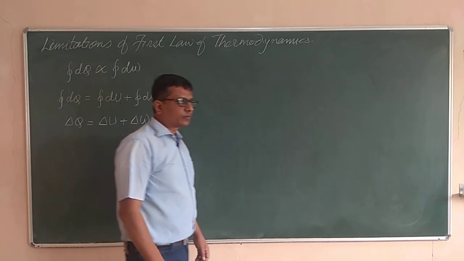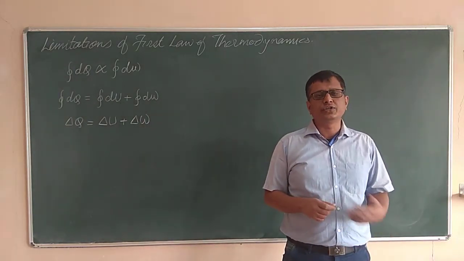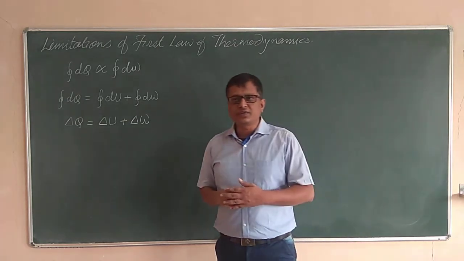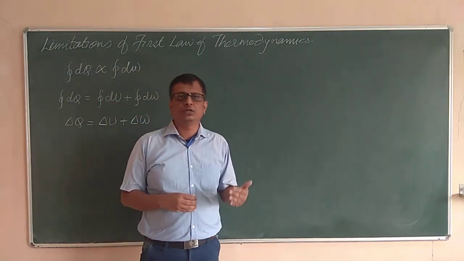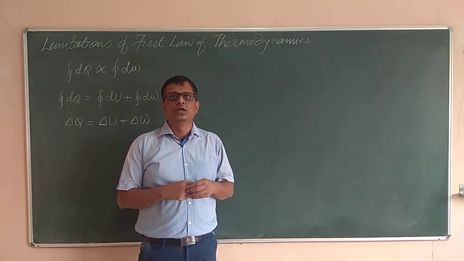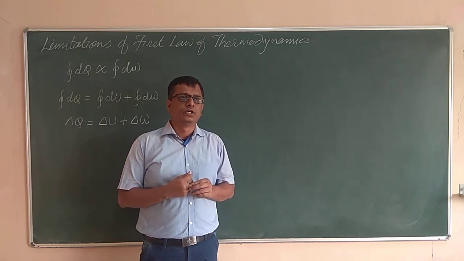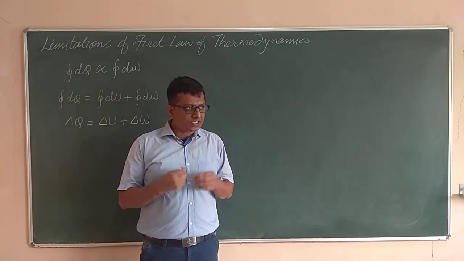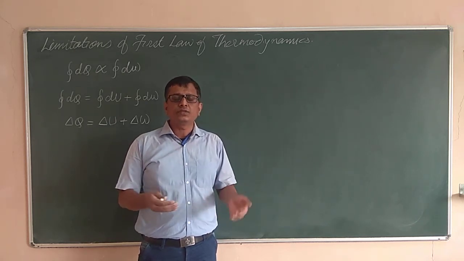The first law of thermodynamics states that energy can neither be created nor destroyed, but it can be transferred from one form into another. The total amount of energy of the universe or an isolated system remains constant. So this is the first law of thermodynamics, whereas the first law doesn't say in what direction that energy flows.